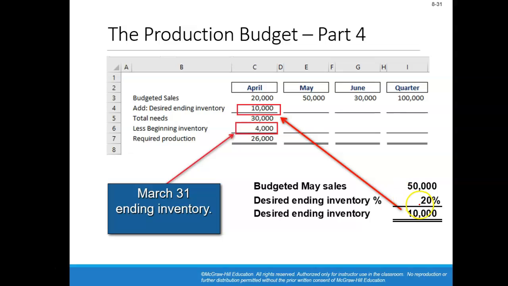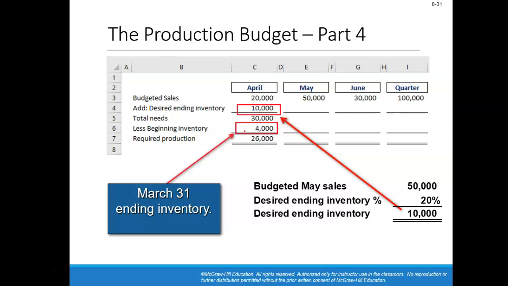That 10,000 represents 20% of the expected sales for the following month. So, we need to produce 20,000 units for our April sales. We want to have 10,000 units on hand to equal 20% of our May sales, a total of 30,000 units.